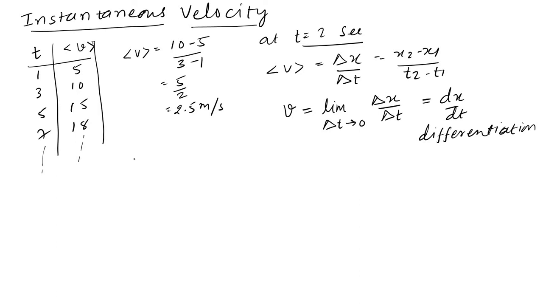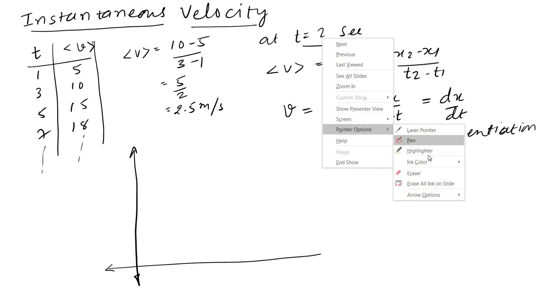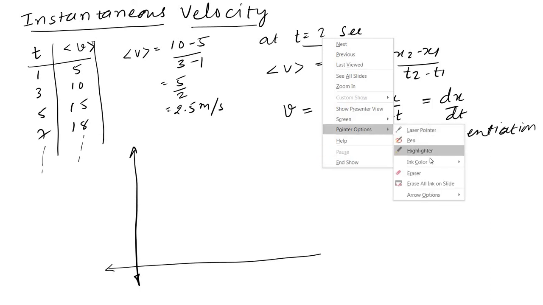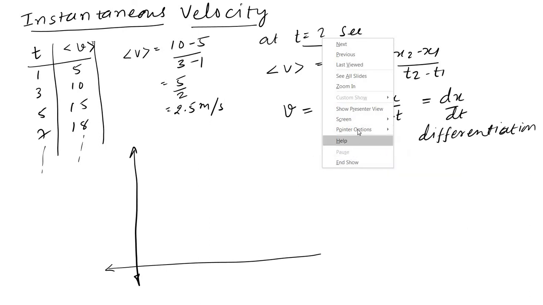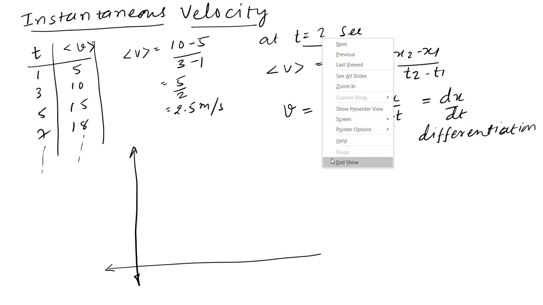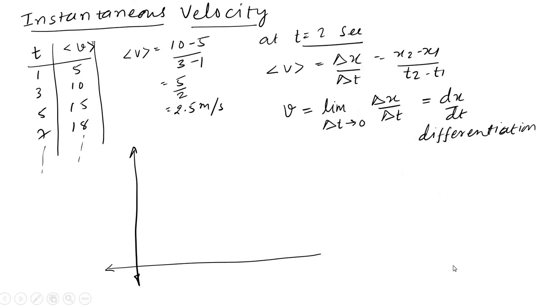Suppose we have a graph. From that, how can we find instantaneous velocity? Suppose I have a graph in this fashion.